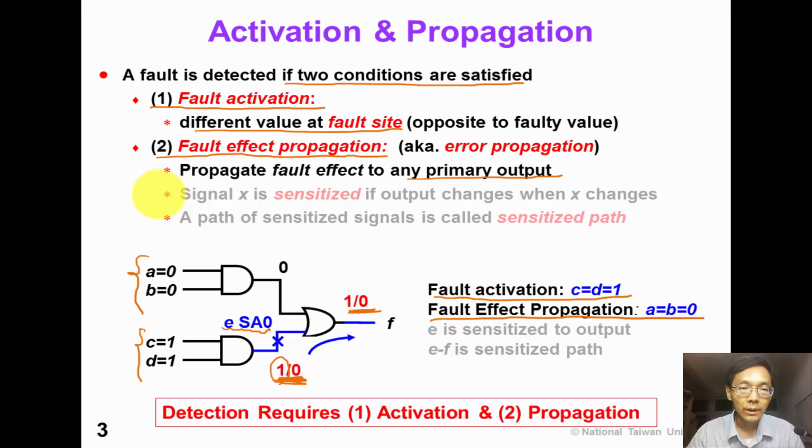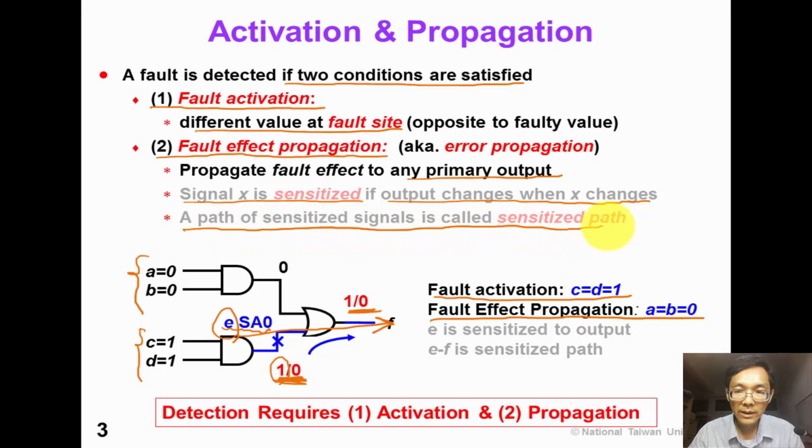By the way, signal X is sensitized to an output if the output changes when X changes. For example, signal E is sensitized to the output F. A path of sensitized signals is called a sensitized path.